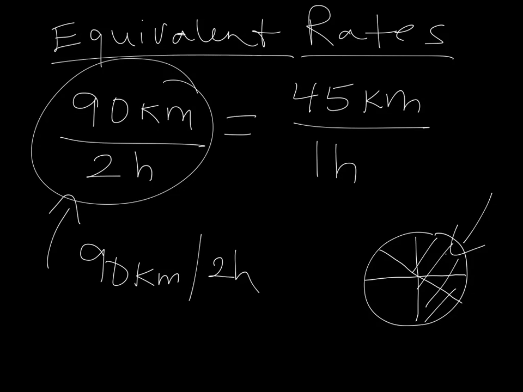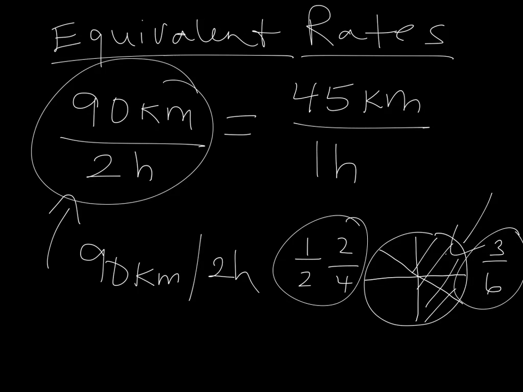If I cut the pizza again, I've eaten the same amount, but we've gone from 1/2 to 2/4, now to 3/6. So we have all these different fractions happening, or ratios or whatever, but they're the exact same amount that's being eaten. So equivalent rates are the same thing.